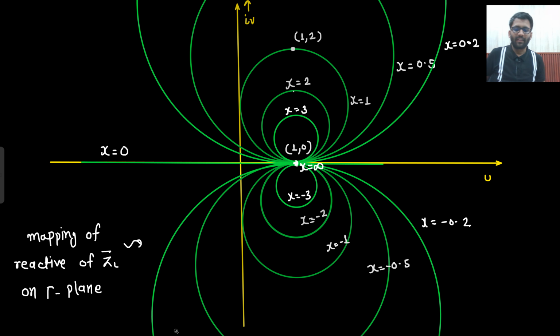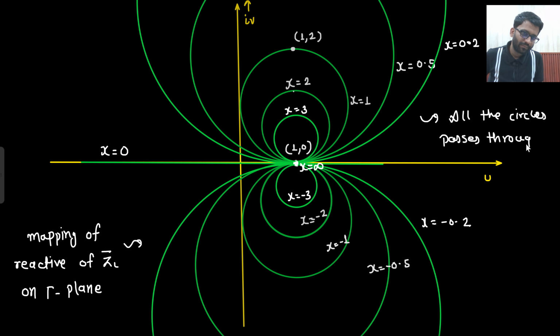Another thing you can say is that all the circles pass through 1, 0.